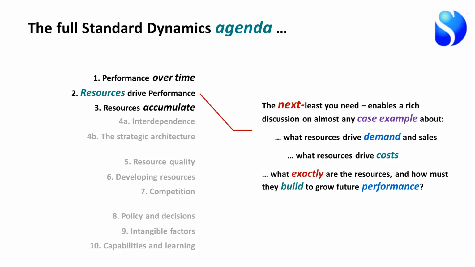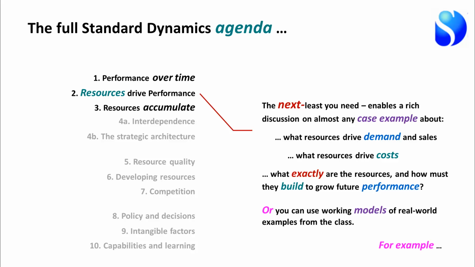But armed with that insight, then you can have this discussion about what exactly are resources driving performance in the particular case that you're looking at. Or you can simply use working models that are included in the classes that we've provided for you. So once again, let's have a look at a short video segment from one of the classes.